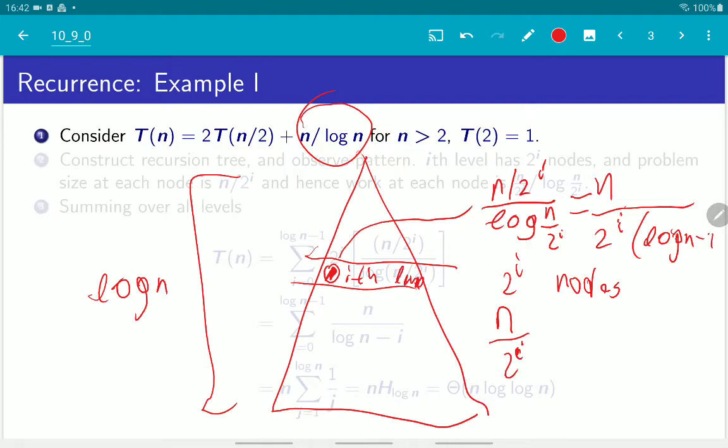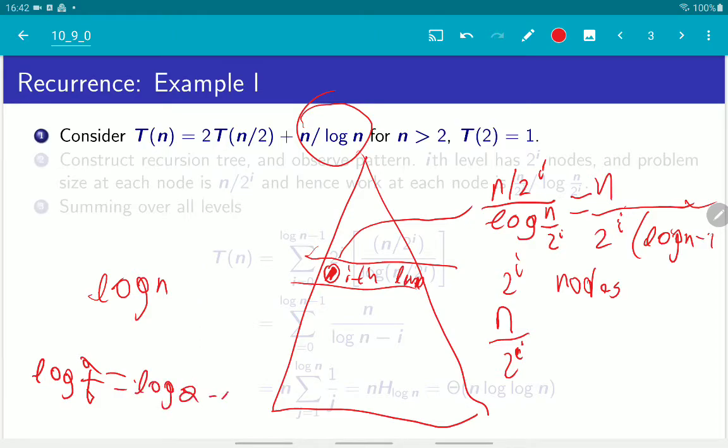Because I used the fact that log of A over B is just log A minus log B, and the second thing I used is that log of 2 to the i is just i.